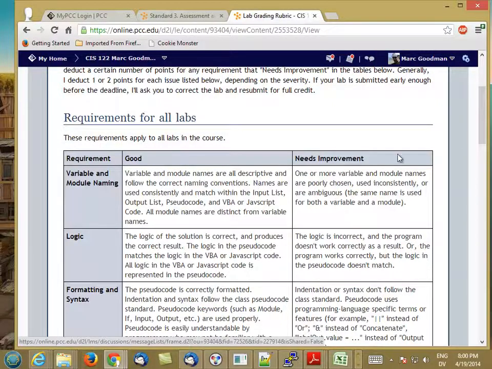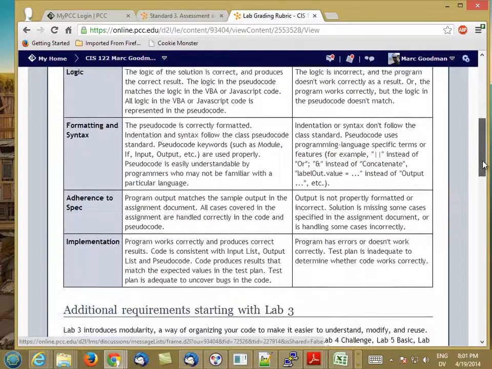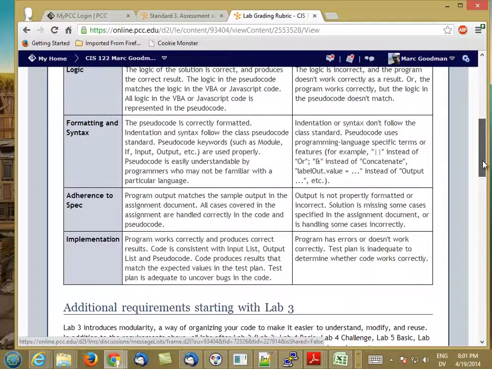And the way I tie this to grading is that students start with full credit on the assignment, and then I generally deduct 1 or 2 points for each item that needs improvement. So exactly how you grade your assessments is up to you as the instructor and the instructional designer. But communicating to your students clearly how you will assess their work, that's something that's important for meeting Standard 3.